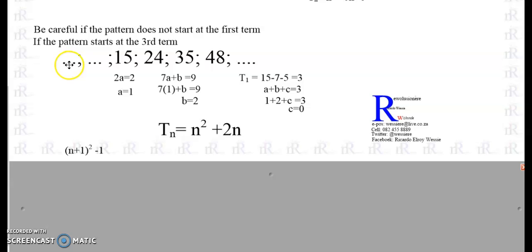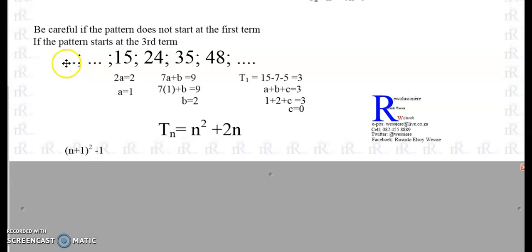I will calculate the first term by going back, finding this to be 8 and finding this to be 3. So 3 will be 2 squared minus 1. So a number squared minus 1.